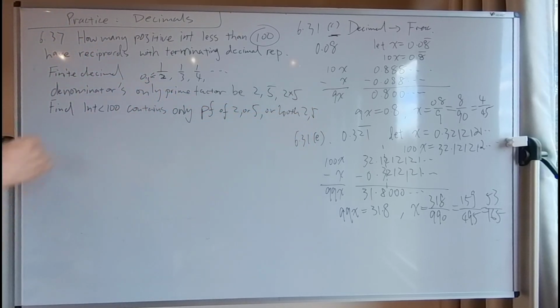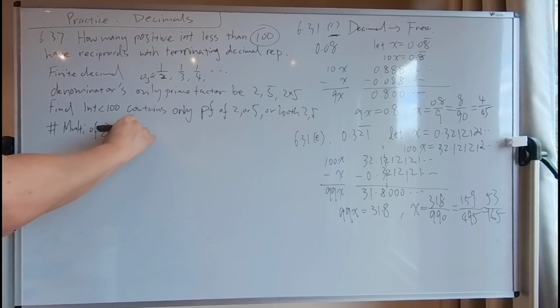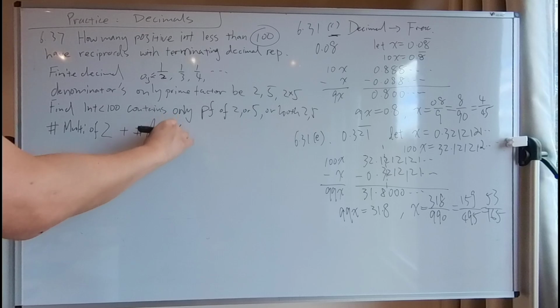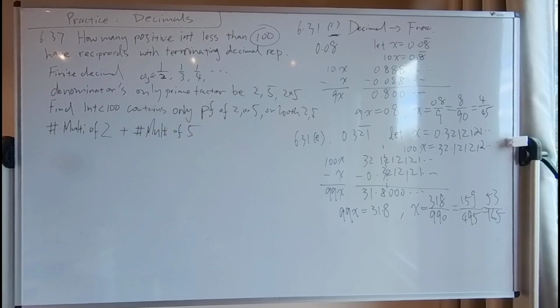So this means I need the multiples of 2, right? Because a multiple of 2 only contains the prime factor 2. And I also want the numbers that are multiples of 5, right? 5 is also a number containing the prime 5.